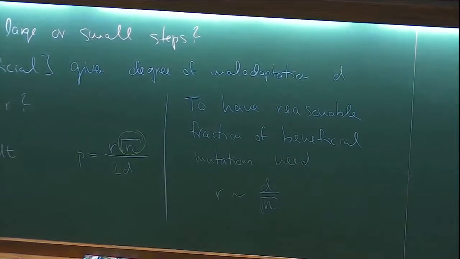Okay, so this means that for a complex organism to be able to evolve, it can only do this in very small steps.